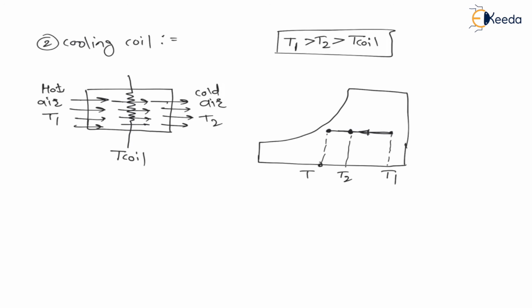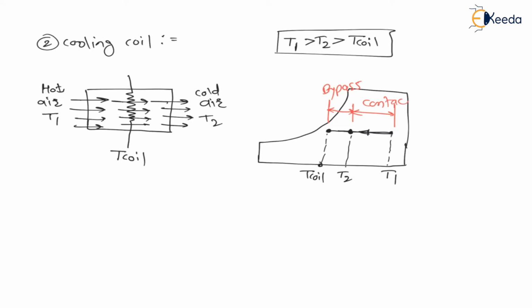This is the temperature of coil. So my dear students, in this case this is the bypass, because we have reached up to T2, but our target was to reach the temperature of coil, therefore this is bypass. And here the temperature of air initially was T1 and we have reached up to T2, therefore this is contact.